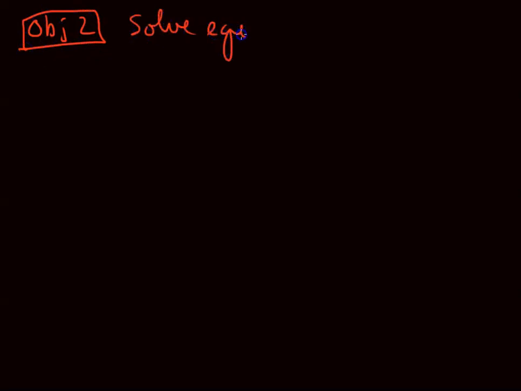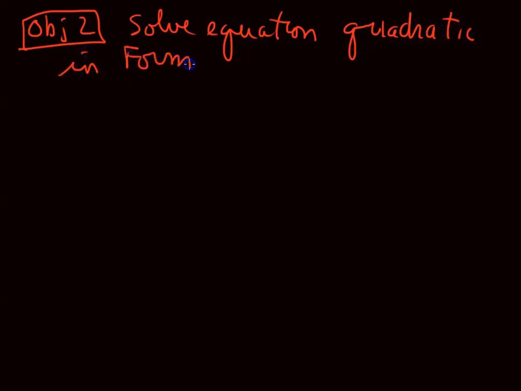Solve equations quadratic in form. So in other words, we want a times something squared plus b times that same something that was squared over here plus c equals 0.